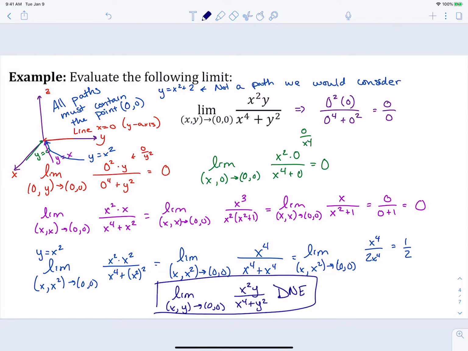And it's because we went from a direction and we got to a different place. So it's like in 2 dimensions when you come from the left and you get here to 0, say, for example, you get to y equals 0, and you come from the right and you get to maybe y equals 2. So it's that idea of as we come from the right and the left, we're not meeting up in the same place.